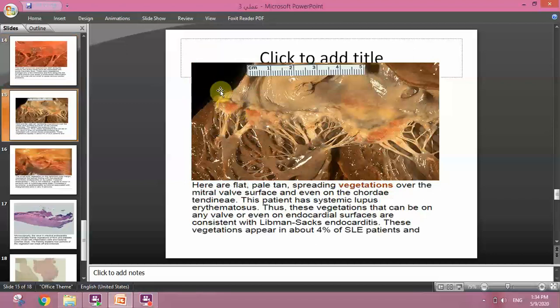This is the vegetation over the mitral valve surface and the chordae tendineae in systemic lupus erythematosus, consistent with Libman-Sacks endocarditis.